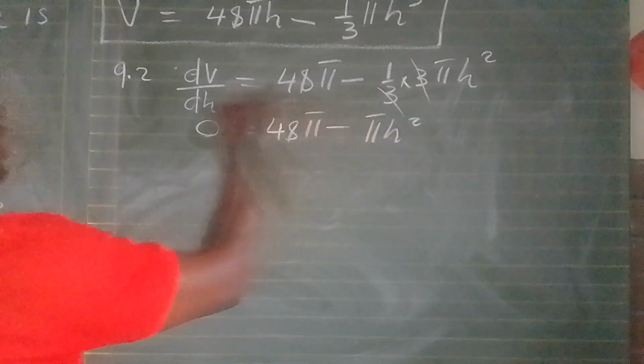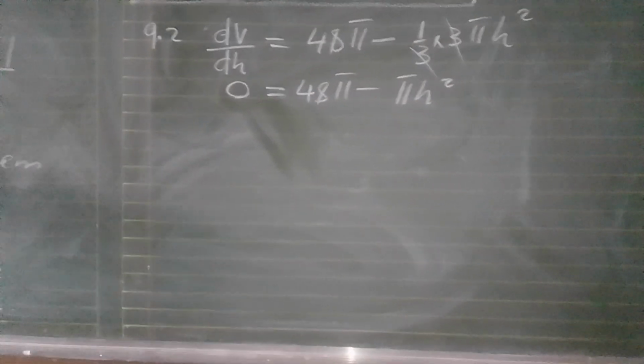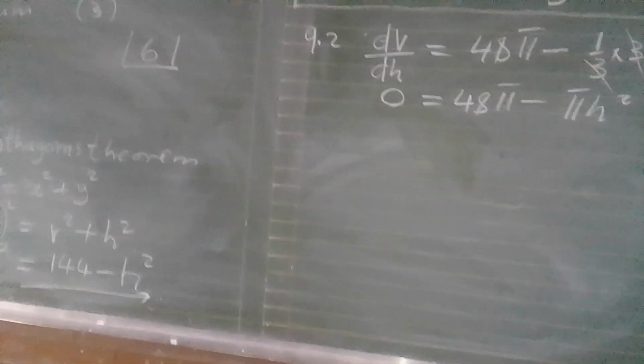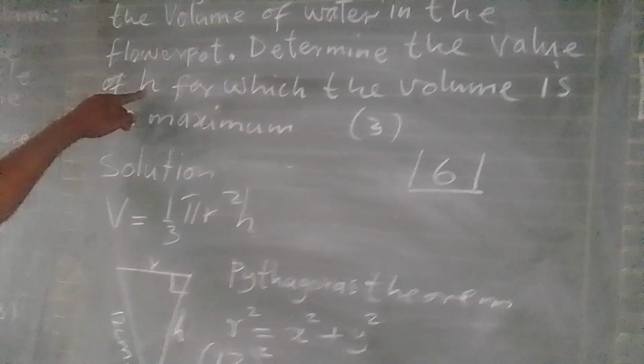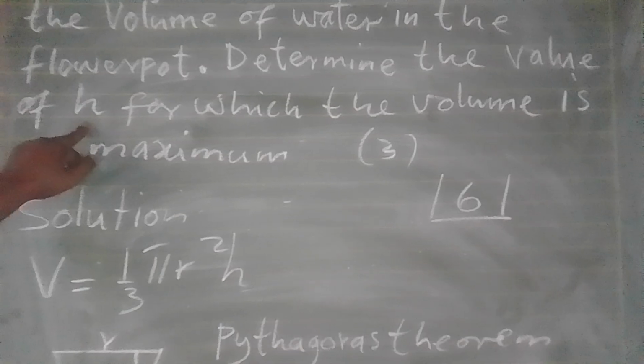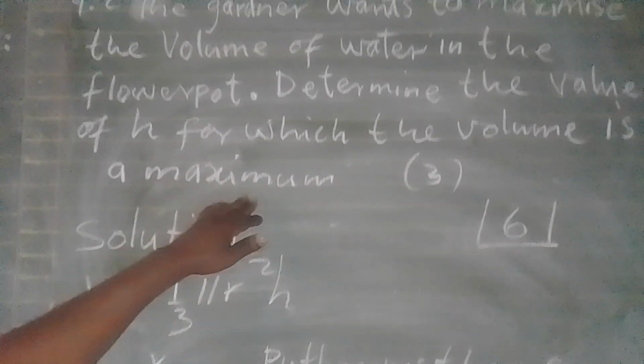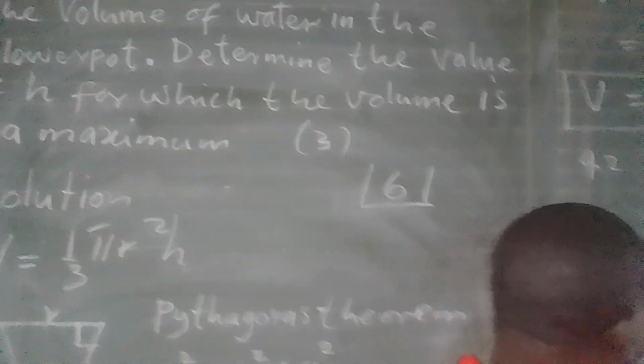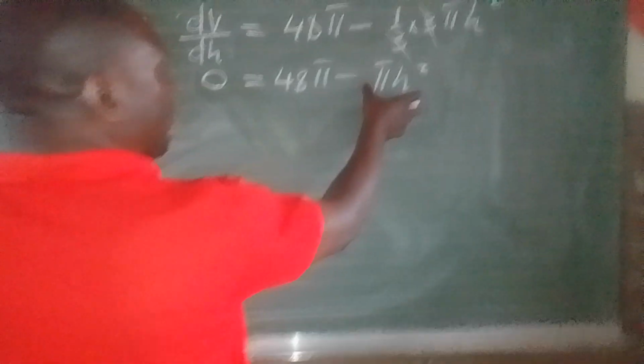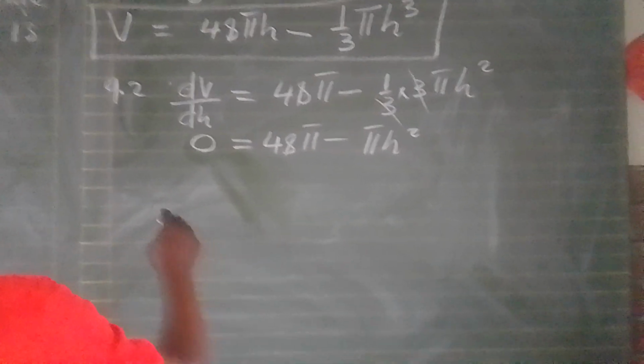Now we take H that side because they want us to determine H for which the volume is a maximum. We take this pi minus pi H squared on the left hand side.